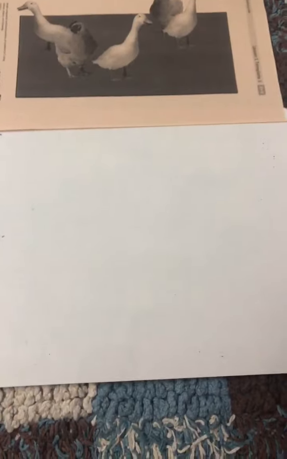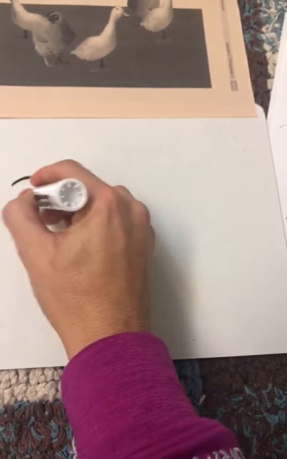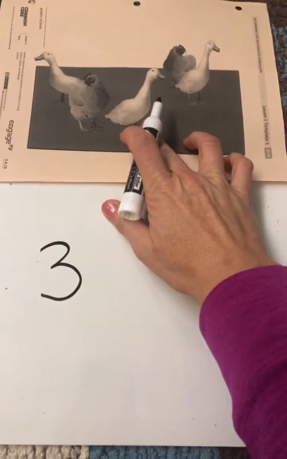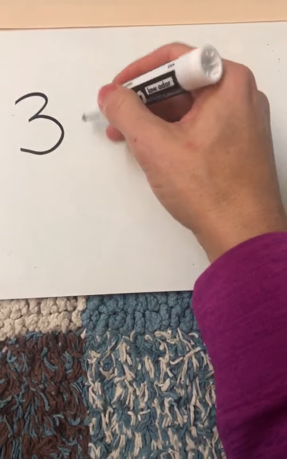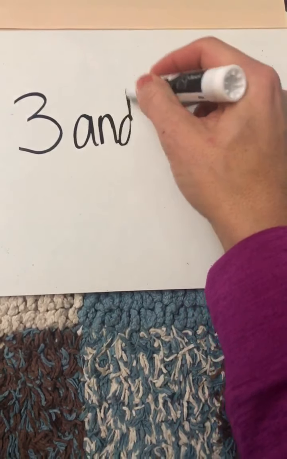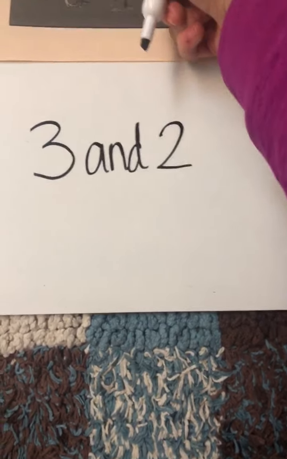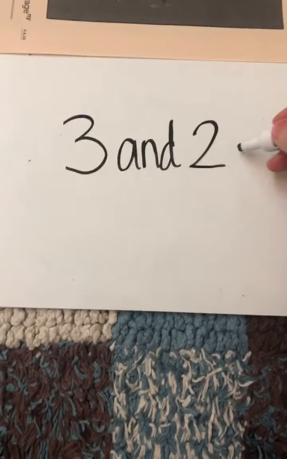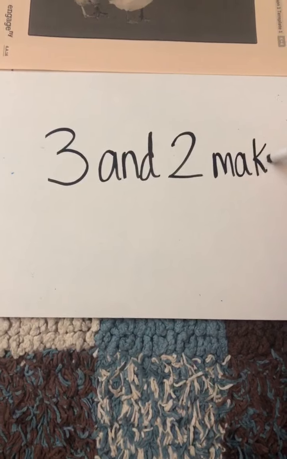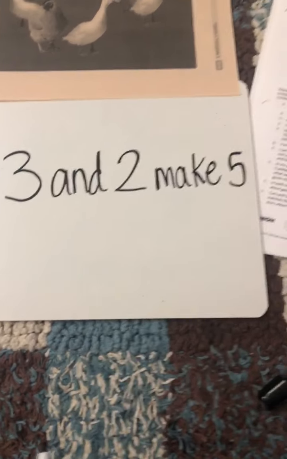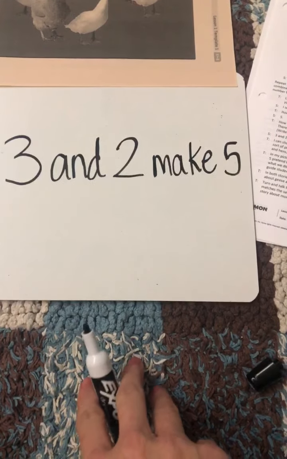Yeah, I could write that number sentence. I could say that 3, which is how many geese, and 2, the 2 chickens, make 5. That's a number sentence right there, boys and girls.